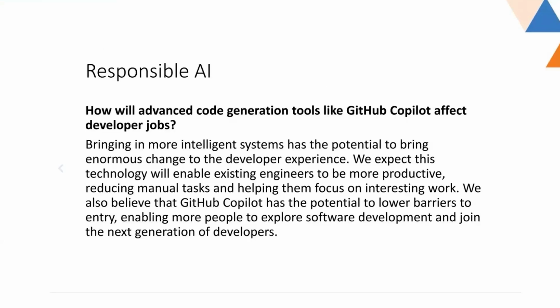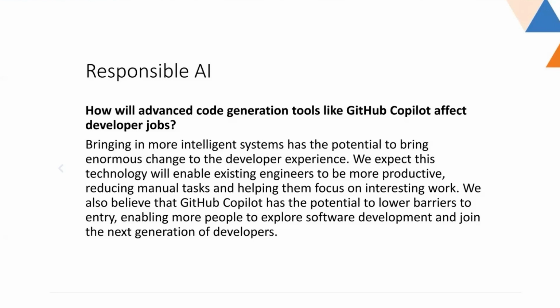Let's look at the responsible AI perspective of GitHub Copilot. How will advanced code generation tools like GitHub Copilot affect developer jobs? There is always this debate that making AI smarter will take developer jobs, or that high performance jobs will be gone because AI will be much smarter than humans. But that will not be the case because there is a long way to go.